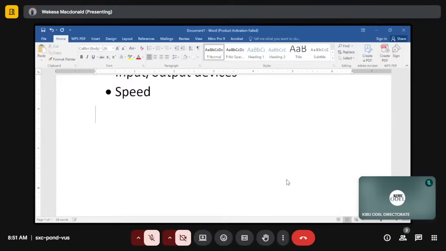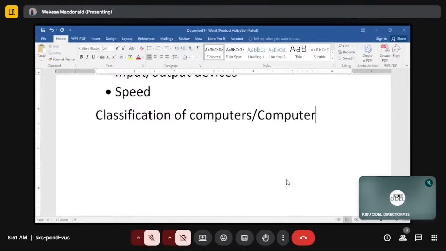Let us have a look at classification of computers. Or maybe we can say categories, computer categories. What are some of the things that we can use to classify a computer?